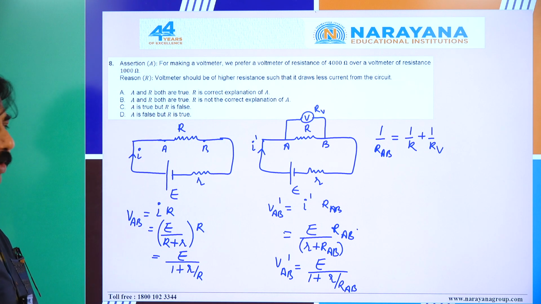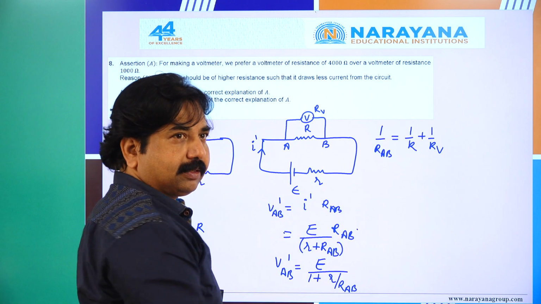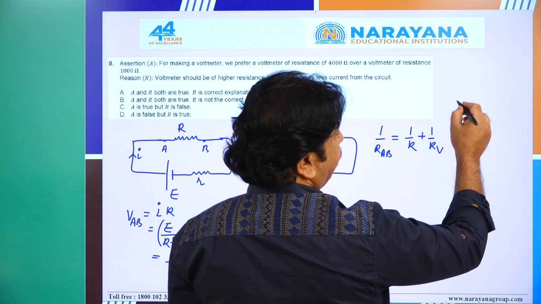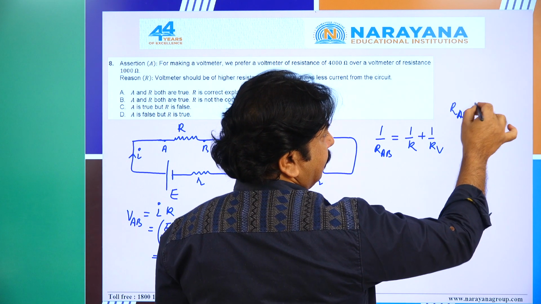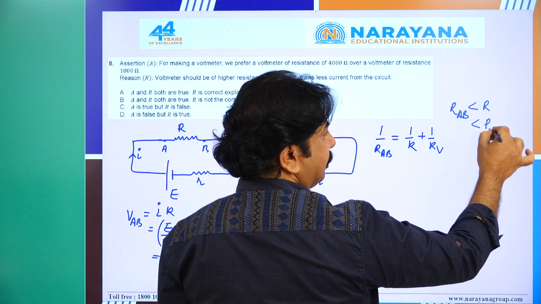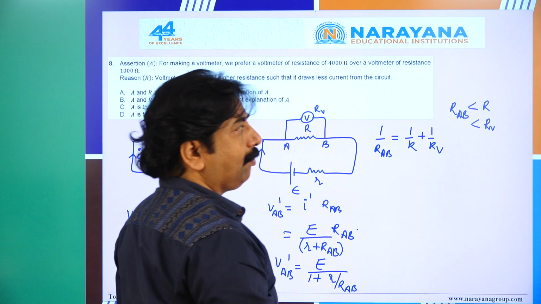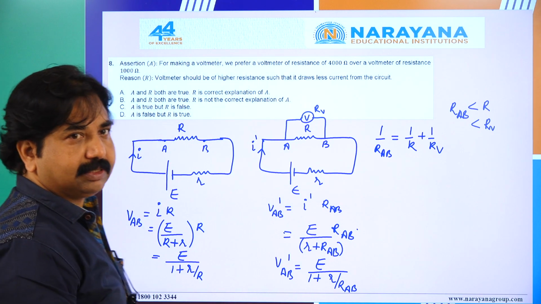But one thing everyone has to observe: in the parallel combination of resistances, RAB should be less than R and it is also less than RV.